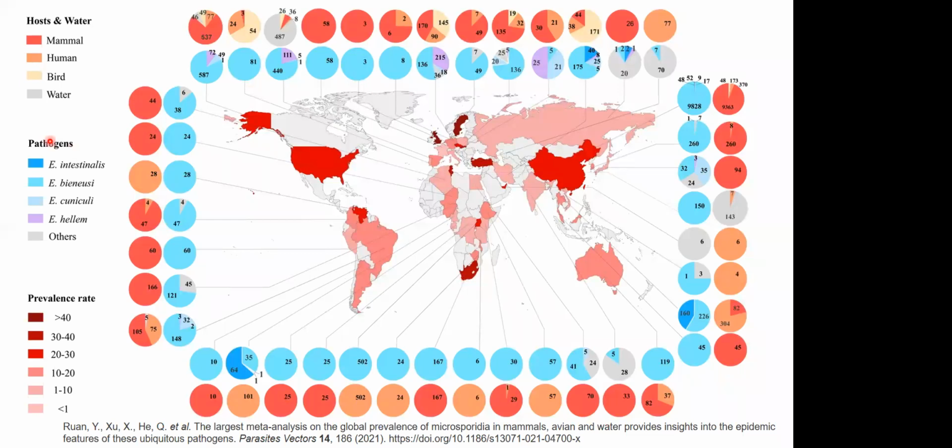And if you look on the left here, you can see those are the common pathogens which I've outlined previously, and at the top, the sort of hosts that have been investigated. So mammals of various sorts, bird, water, and we mustn't forget, although it's not shown on this graphic, insects and fish are also important hosts of these parasites.